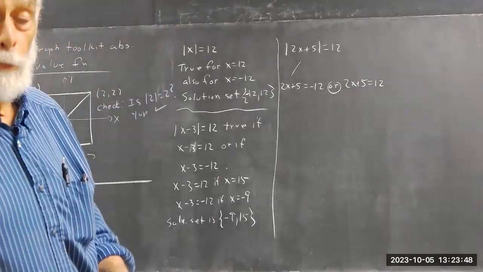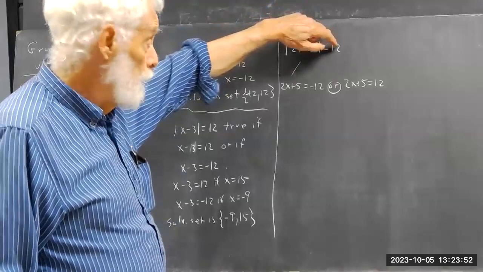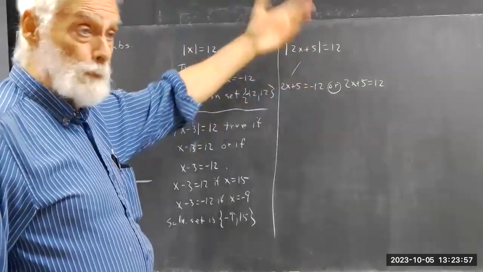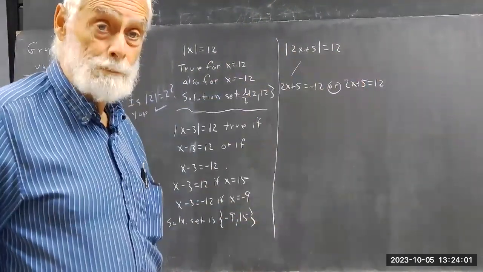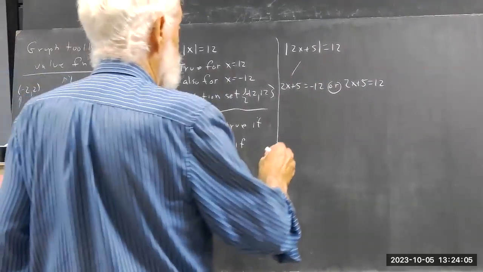Obviously, if you think about it, the absolute value of 2x plus 5 is 12. If 2x plus 5 is negative 12, because we have the absolute value of negative 12, it should be 12, or 2x plus 5 equals 12. Okay, and you can solve each of these equations.